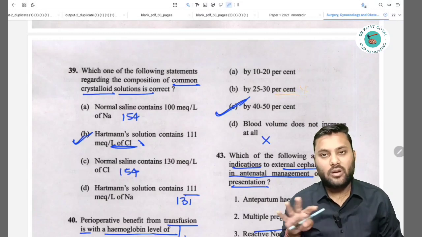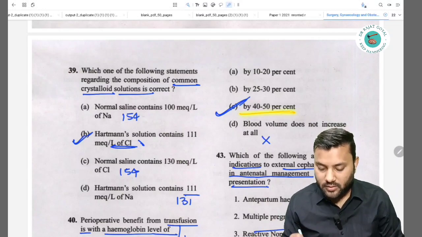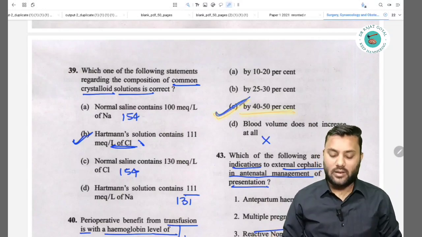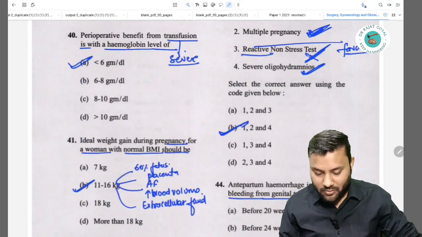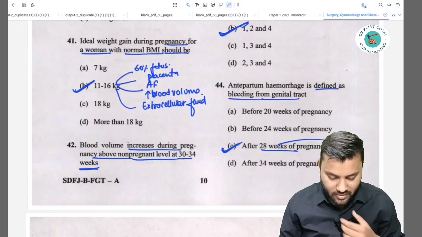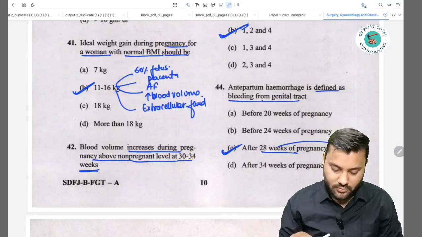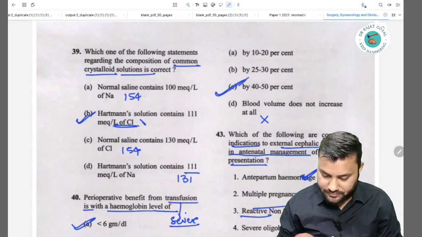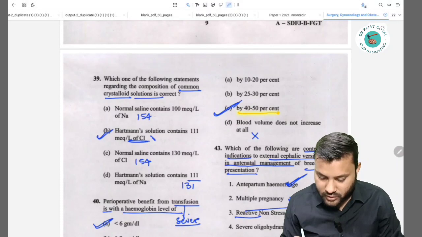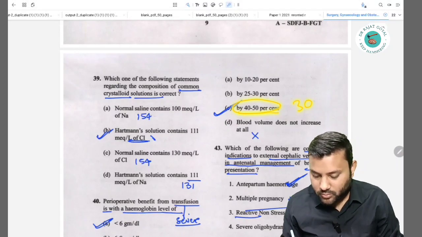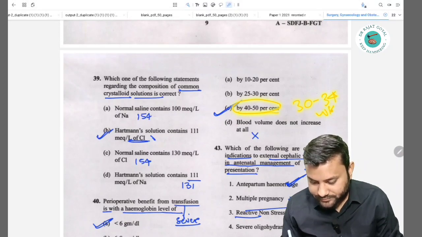No, it is about 50%, because at that time it is a maximum requirement. It is a maximum requirement of blood for the growth of the fetus. So answer here will be 40 to 50% between 30 to 34 weeks.